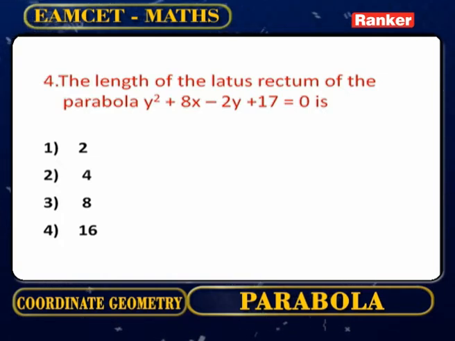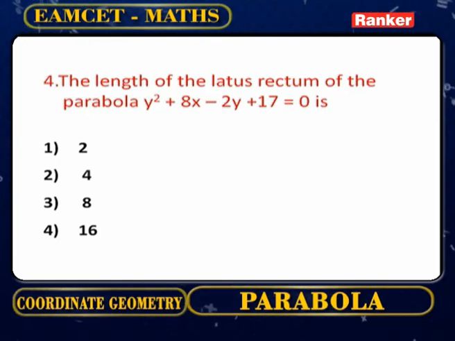The length of the latus rectum of the parabola y square plus 8x minus 2y plus 17 equals to 0. Required length of the latus rectum.